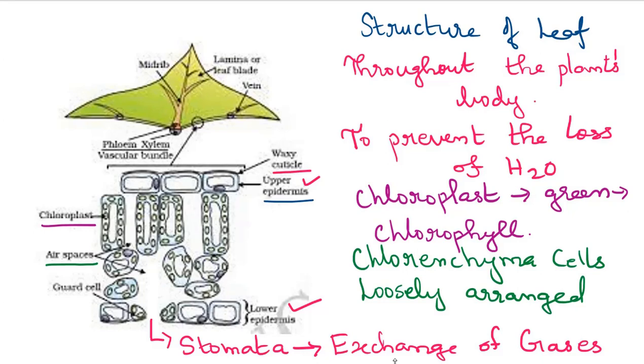So any kind of exchange of gases occurs through the stomata. And this stomata is guarded by kidney-shaped cells called guard cells. These guard cells play a very important role in the opening and closing of stomata.